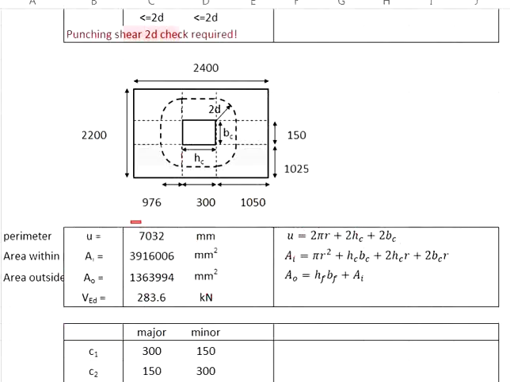How do you calculate the u here? You may use this formula, or if you have difficulty memorizing the formula, you can actually find this parameter graphically. First, you need the dimensions of the columns. The column width 300 times 150 mm. Second, you need the dimension of the d.